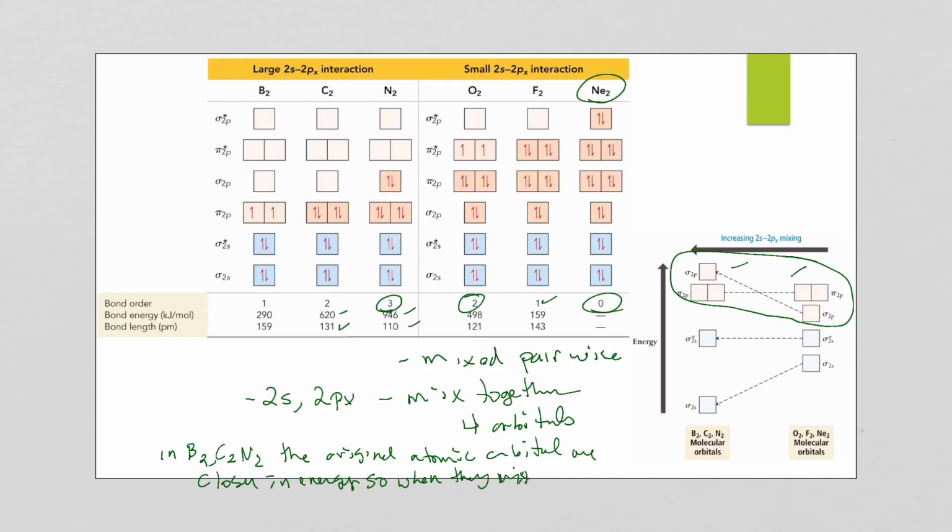So if I look at oxygen, if I look at all the bonding orbitals, right? So we have bonding here, we have bonding here, we have bonding here. And so in those bonding orbitals, we have 2, 4, 6, 8 electrons.